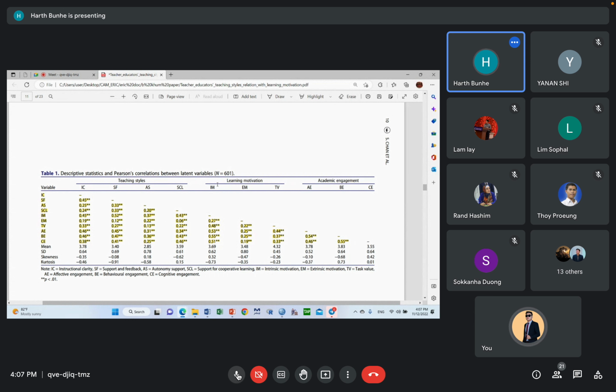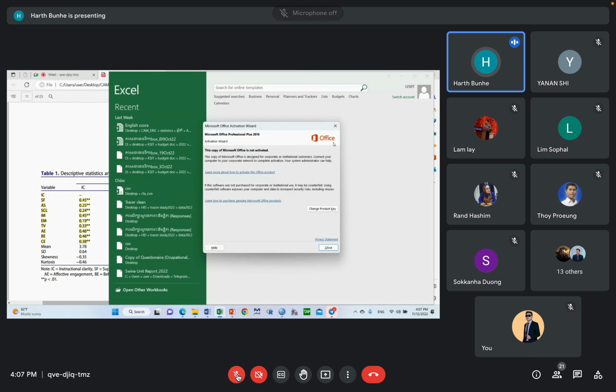Teacher, may I know what app we can use to have this column or table? What application? Mostly I use a manual table, just convert it in Excel.